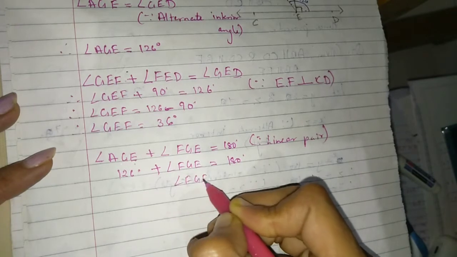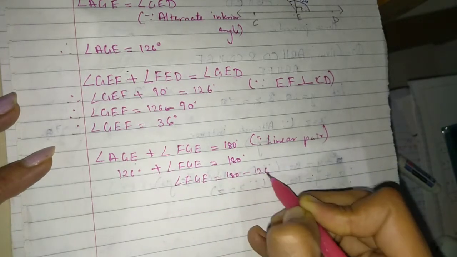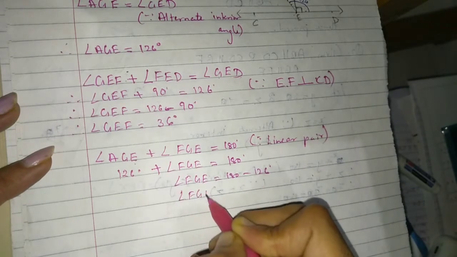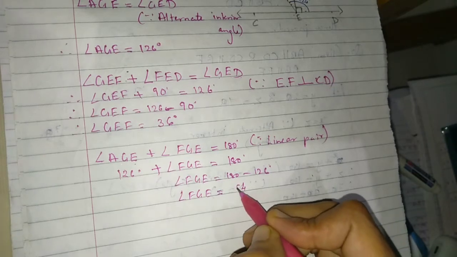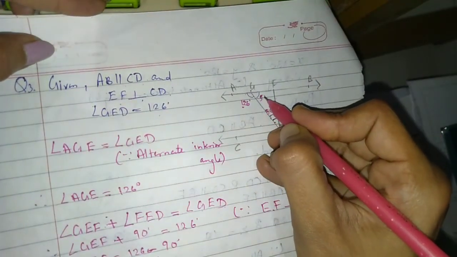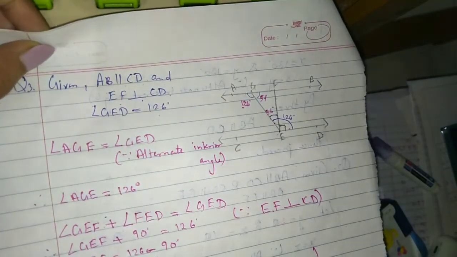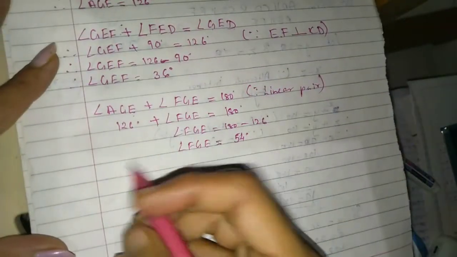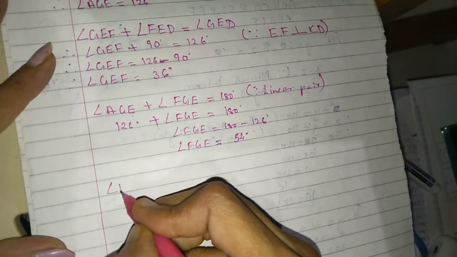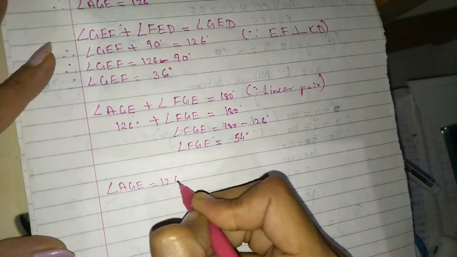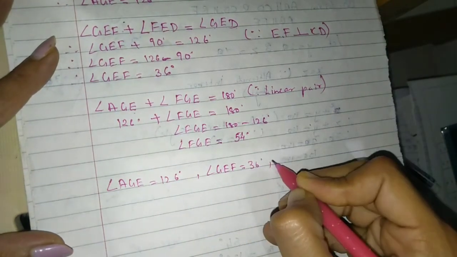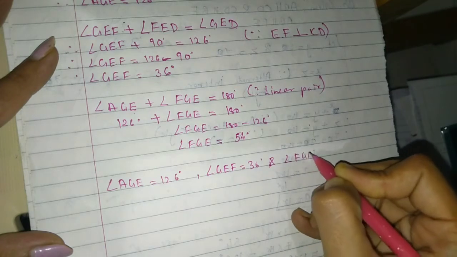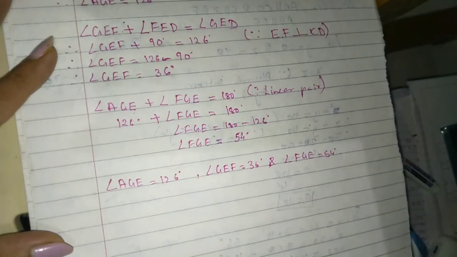So FGE equal to 180 minus 126. So angle FGE is equal to 54 degree. So we have found all three angles. So we'll write at the last, angle AGE equal to 126 degree, angle GEF equal to 36 degree, and angle FGE equal to 54 degree.